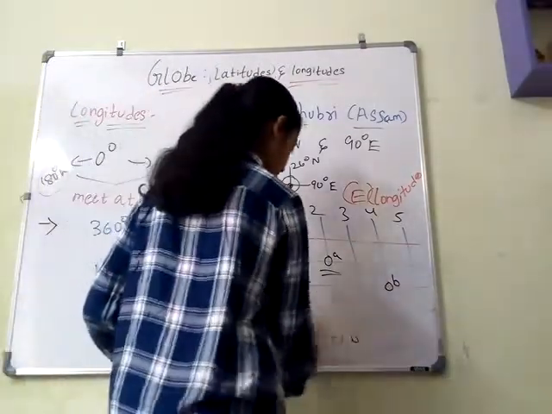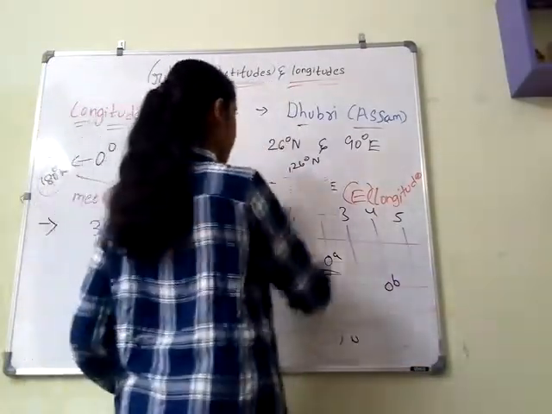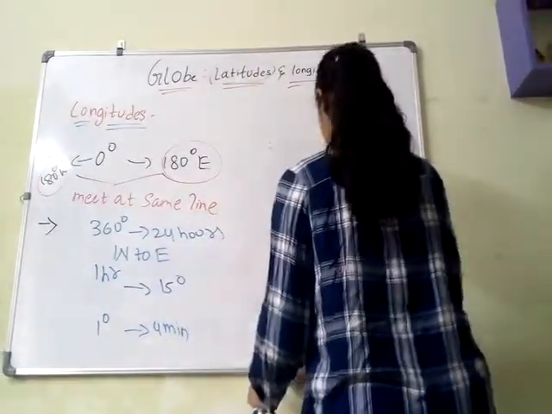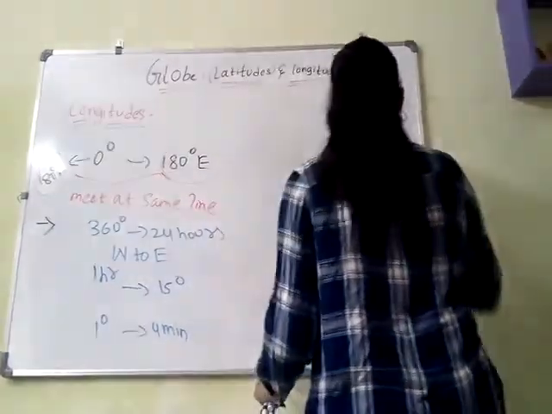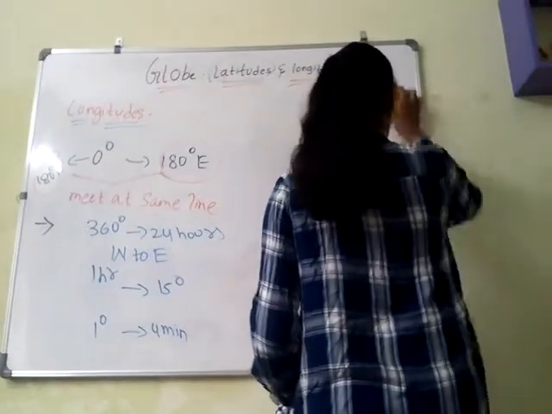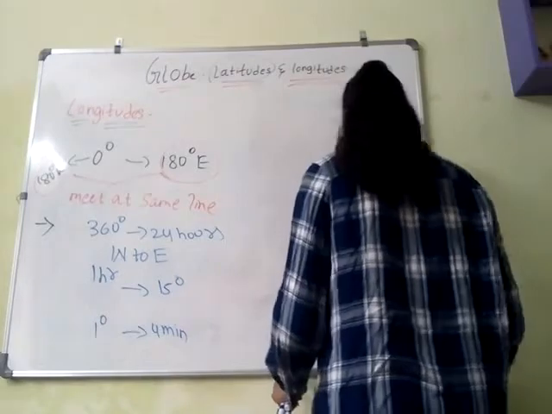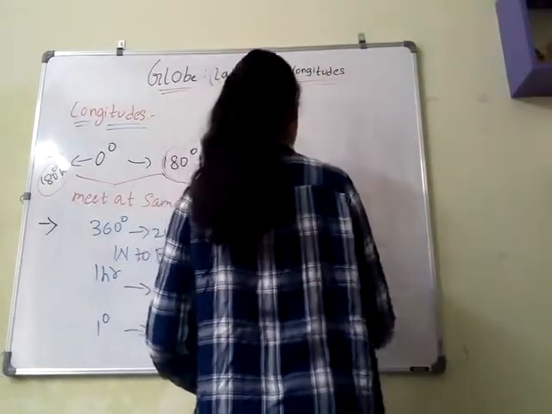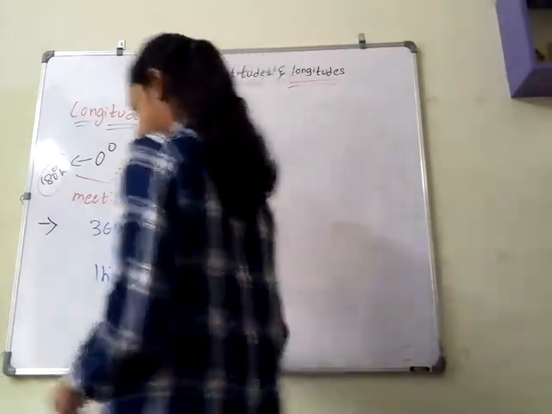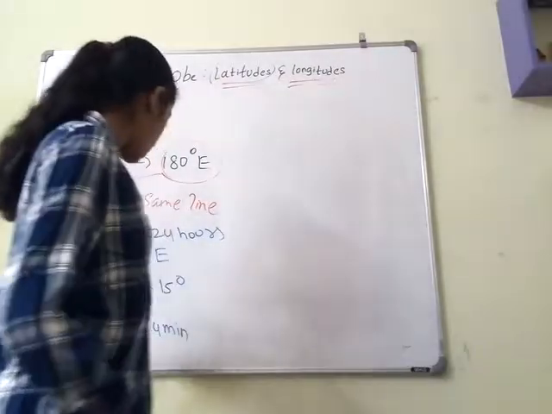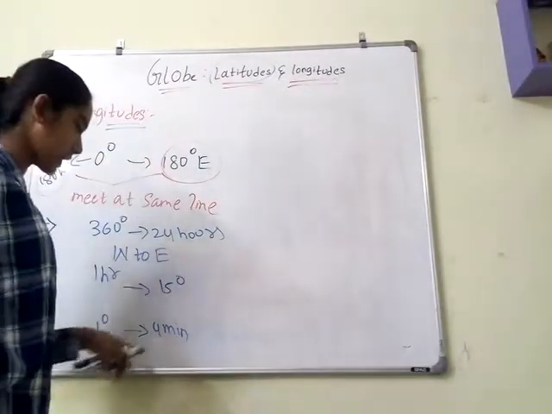Let me write this. Okay, now 1 hour is 15 degrees and 1 degree is 4 minutes.